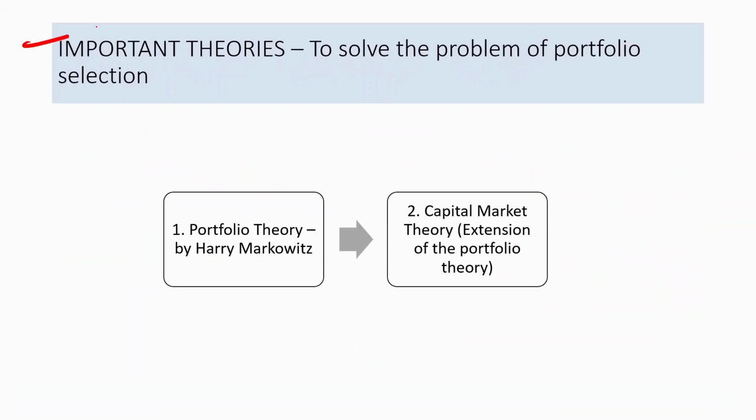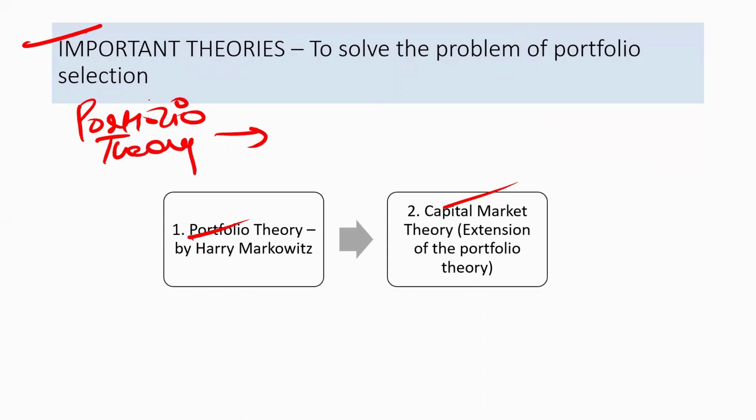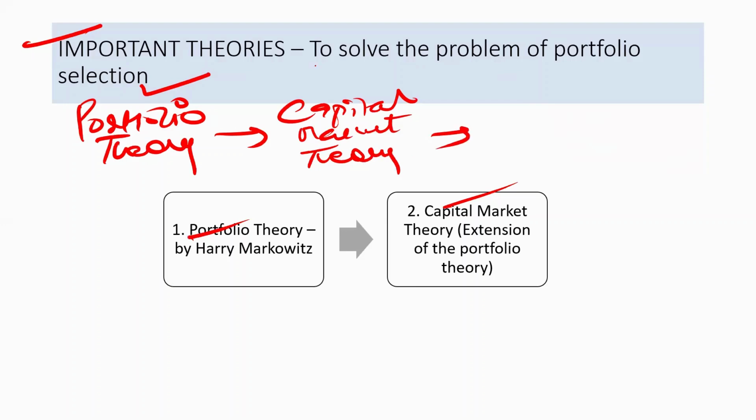Now, in this video, we will be doing the portfolio theory and the capital market theory. Let's understand the basics. First of all, we will be understanding the portfolio theory. Due to a certain limitation in this particular theory, we came across the capital market theory.